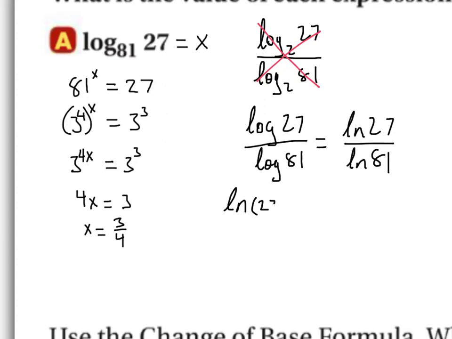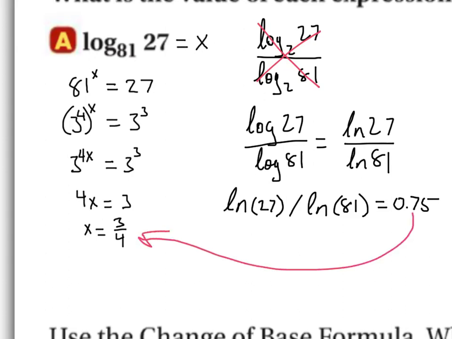I say 27, I got to close that parenthesis, say I'm dividing it by the natural log of, again, it gives me a parenthesis, 81, and I got to close that parenthesis. When you do that, we should get 0.75, which you guys all should know is 3/4.